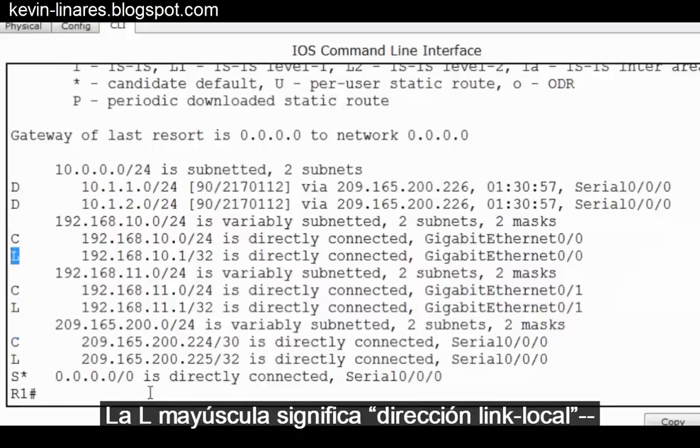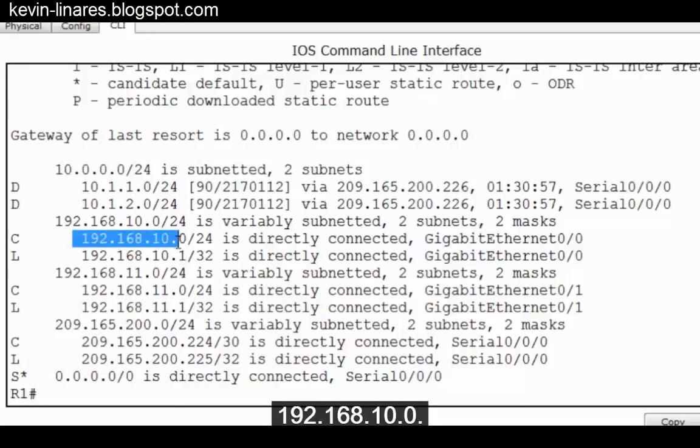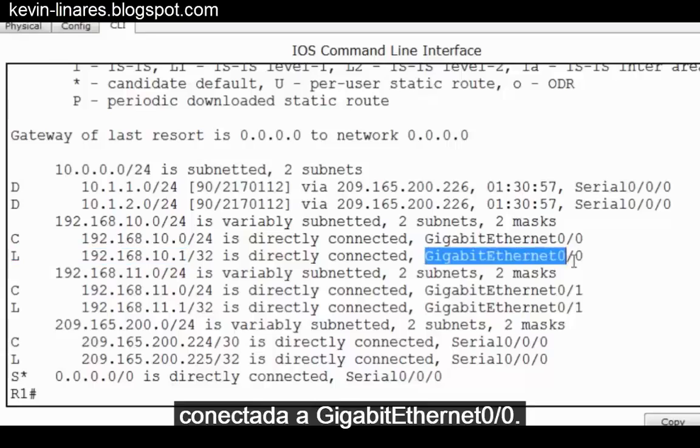The capital L stands for the link local address. Notice 192.168.10.1 as opposed to the connected network 192.168.10.0. This is the local interface address connected to gigabit 0/0.